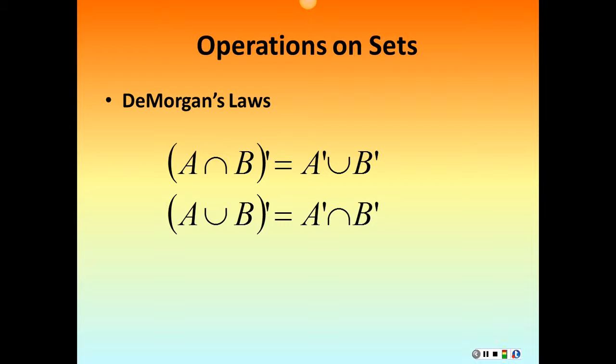In the same way, think of the De Morgan law as distributing the prime. So if I distribute the prime to both my sets, A, which no longer has a prime, becomes A prime. B, which doesn't have a prime, becomes B prime. And then the intersection flips and becomes union. And likewise in the second one, when I distribute my prime, A becomes A prime, B becomes B prime, and union becomes intersection.